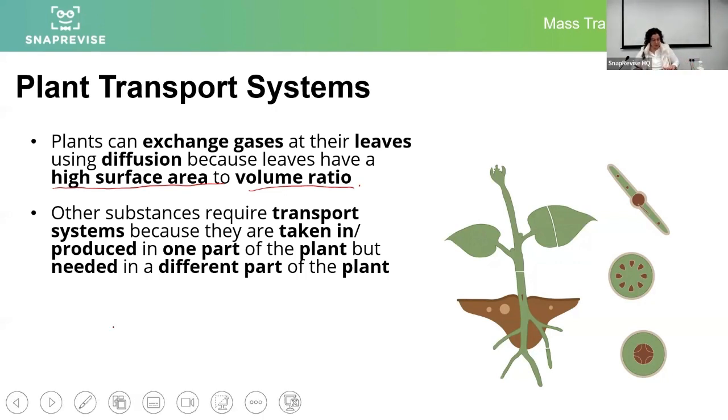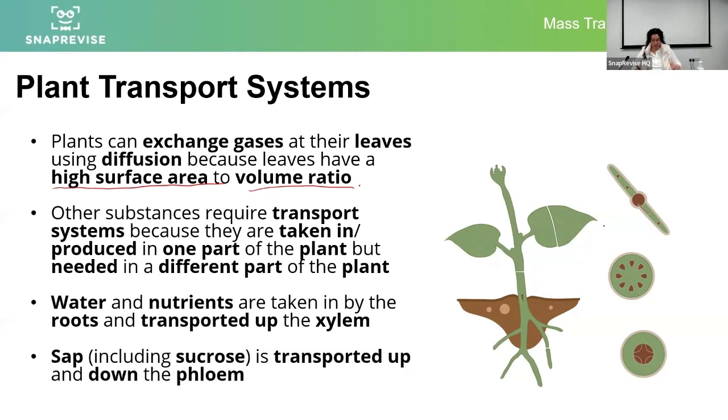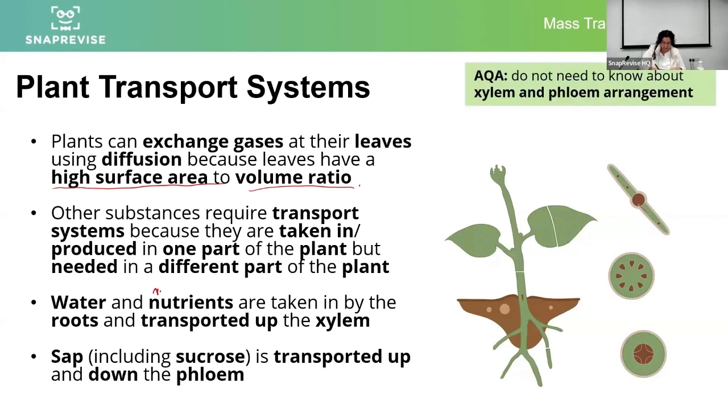Now, a little bit of structure of the xylem and phloem. So, of course, xylem transports only water and nutrients, or it's actually a little bit more correct, guys, to say minerals instead of nutrients, because nutrients can mean organic nutrients such as glucose and amino acids, whereas we know that the substances absorbed by the roots are actually water and inorganic minerals.